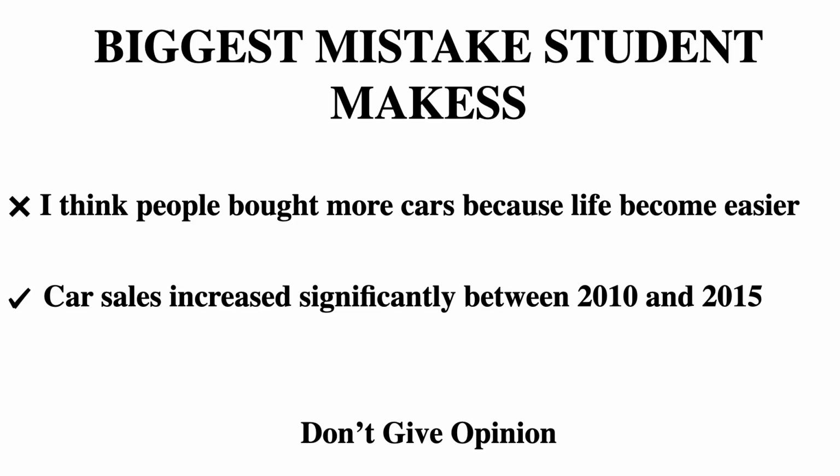This is a serious mistake. You need to remember one very important rule in task 1. You are not writing an opinion essay. You are not asked to explain reasons, and you are not asked to give your personal thoughts.